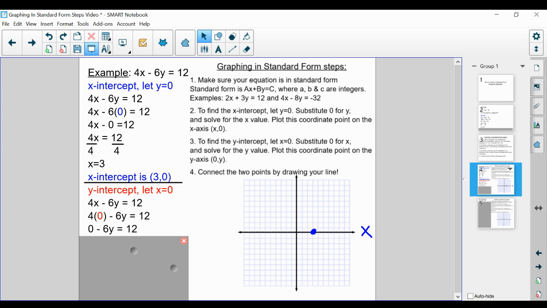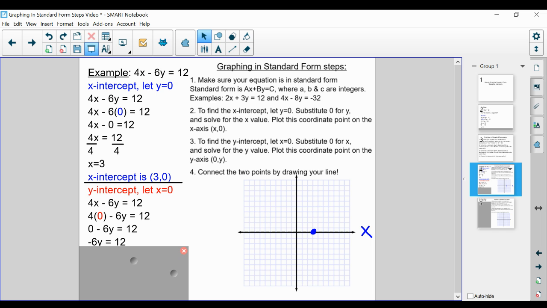Here is where a lot of students stumble, and I really want you to be aware of this potential error, that way you don't make it. 0 minus 6y is negative 6y. The 0 fades away, but that subtraction sign, that negative sign, stays with your term.